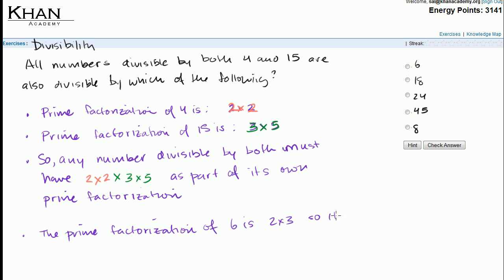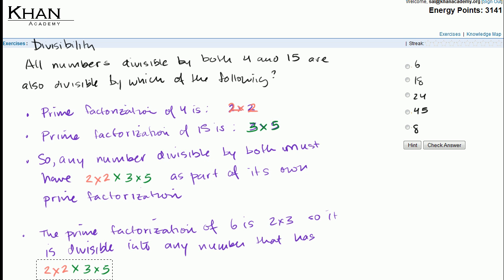So it is divisible into any number that has this whole thing, that has the 2 times 3 times 5 as part of its factorization. And that's it. And of course, we have to keep picking numbers and do the prime factorizations.